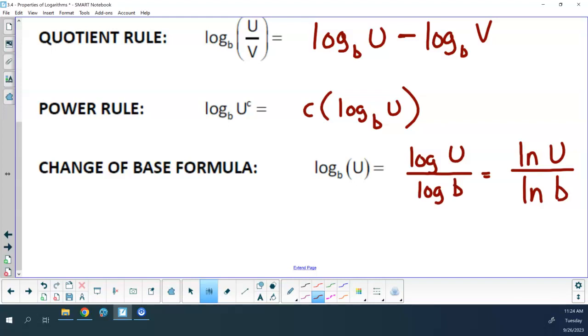So if we're asking you to find the equivalent, or what does it say in the change of base example? Usually it's something like approximate. Approximate the log. Then we would have you use change of base.